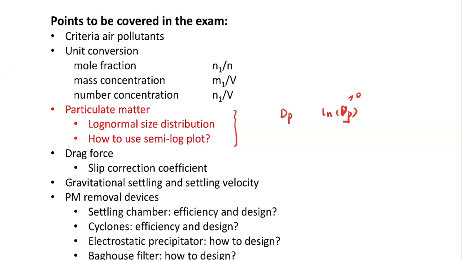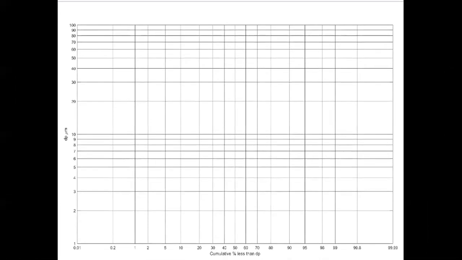One of the quite important features that we mentioned for the log normal distribution is the semi-log plot. Basically the semi-log plot is a plot that looks like this, right? You have the x-axis being the cumulative fraction of the particles, y-axis being the particle size, right?